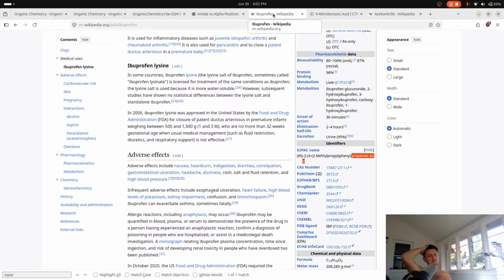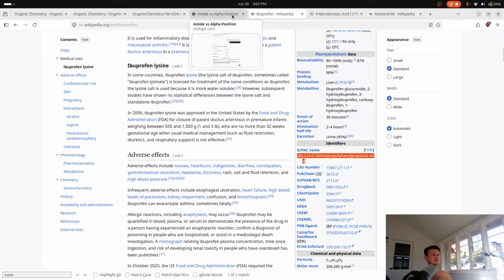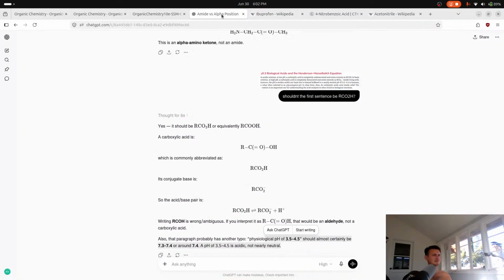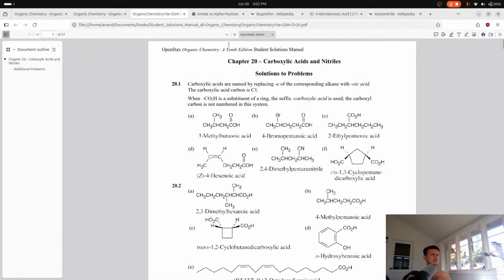It's insane that chemistry tooling is so bad. Why isn't there a nice thing where you type in a name and it helps you understand the name?